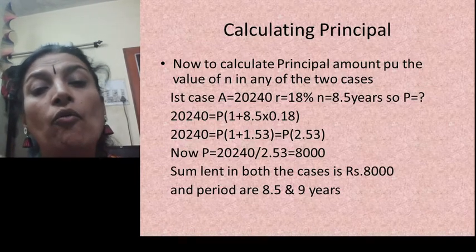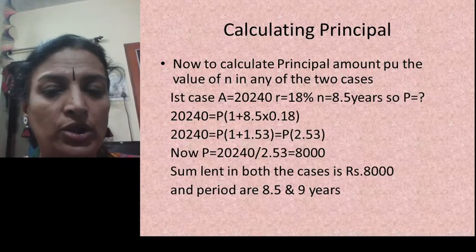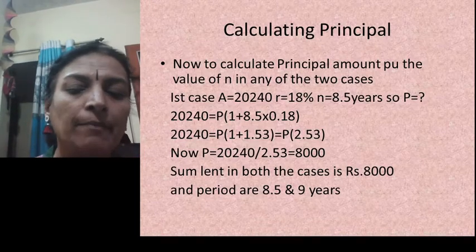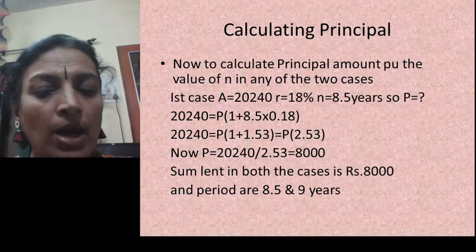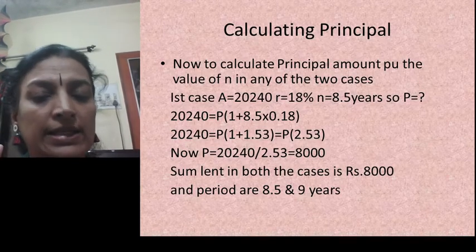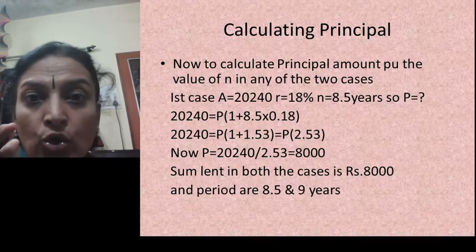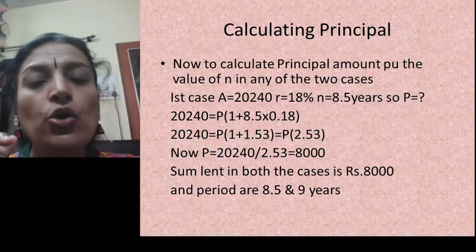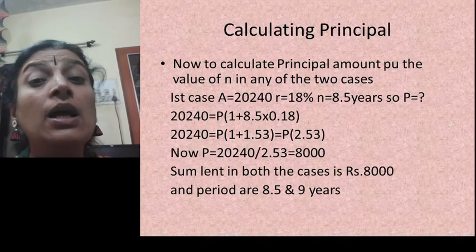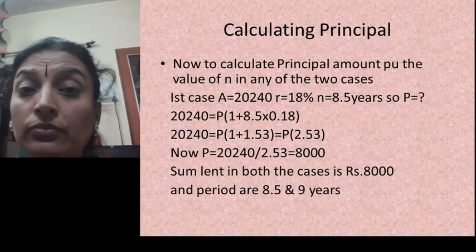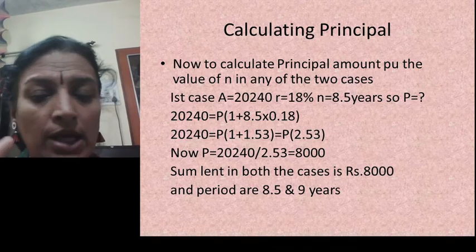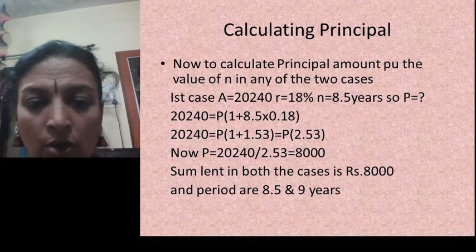For that, we have to have one equation. Either of the cases we can take, and we have to apply the formula once again to calculate the P. So, in the first case, let us consider A is equal to 20,240, R is equal to 18%, and N is N minus 0.5, that means 8.5 years. Now P is to be calculated.